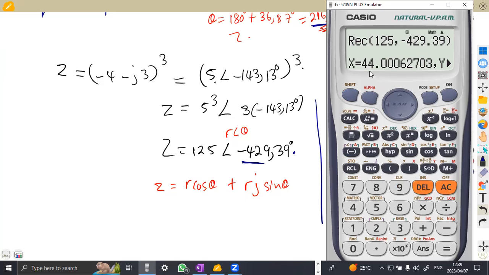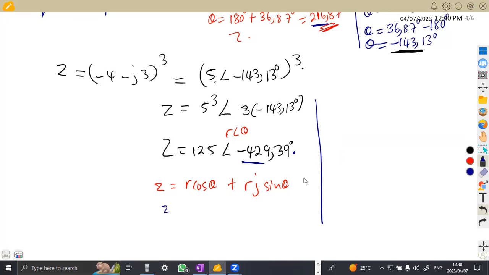So it gives you x, which is in a rectangular form. So this is your x, which is this r cos theta. So your z in this case is going to be 44 and so forth. That is our real axis in this case.